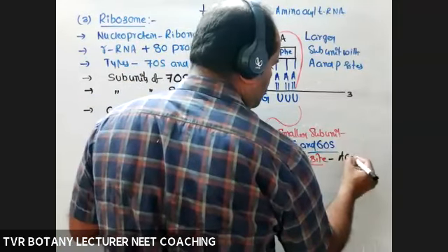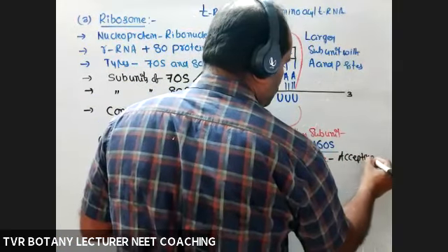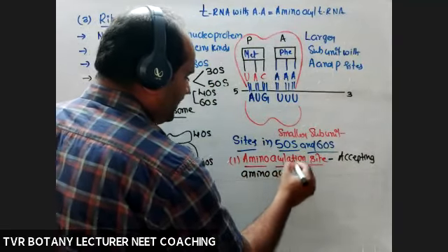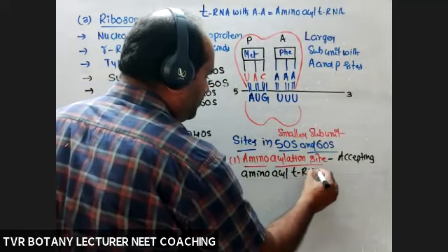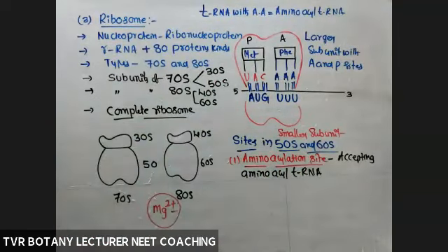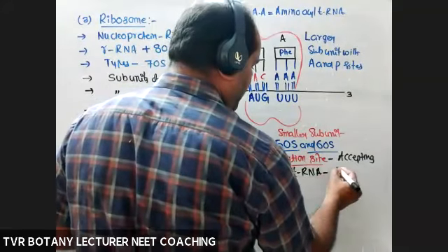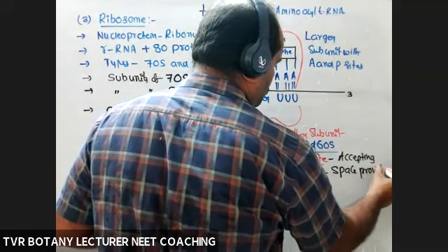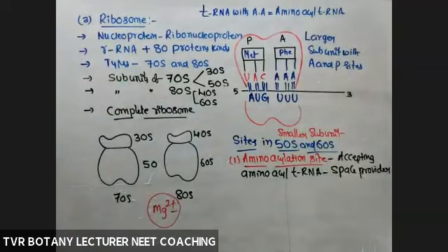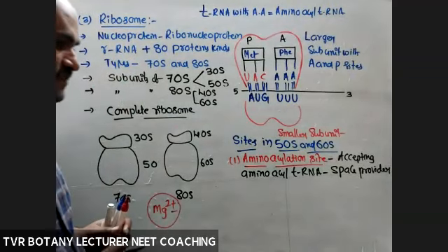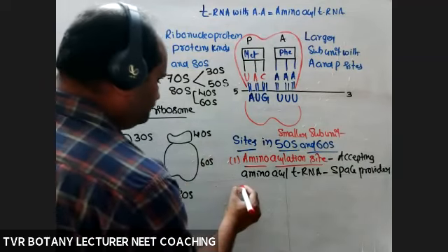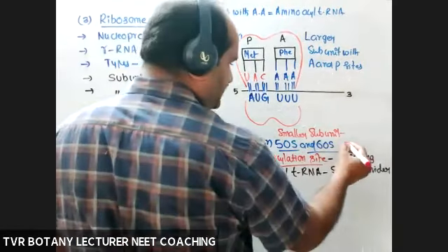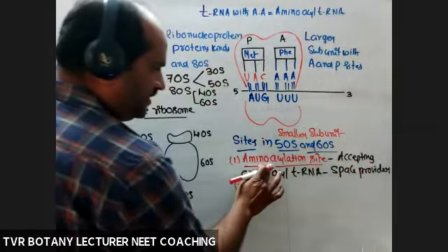Accepting amino acyl tRNA molecules into it, providing space. So it is concerned with being a space provider, and non-catalytic, no enzyme, just providing space. Next, the second one, P site. This is the A site. Write it here, A site.